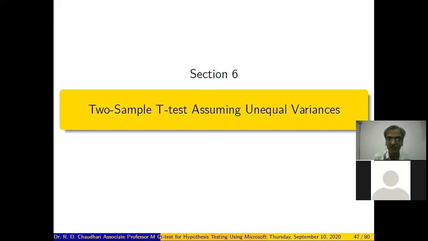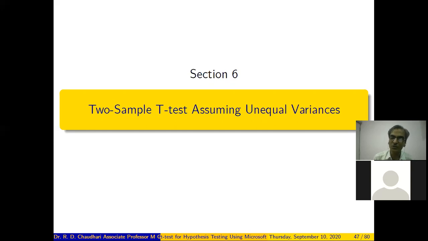Okay, now similar to equal variances, we have another test for unequal variances. But remember one thing, you have to decide whether to apply equal variances or unequal variances after applying the F test, right?